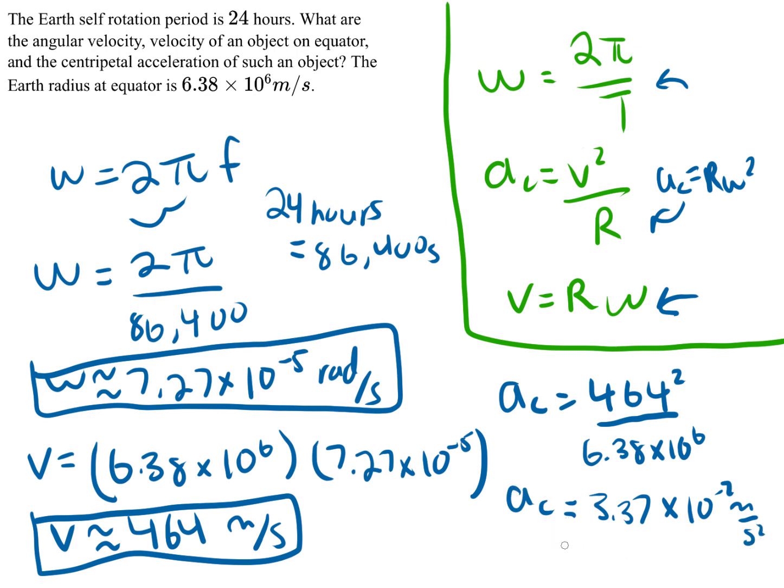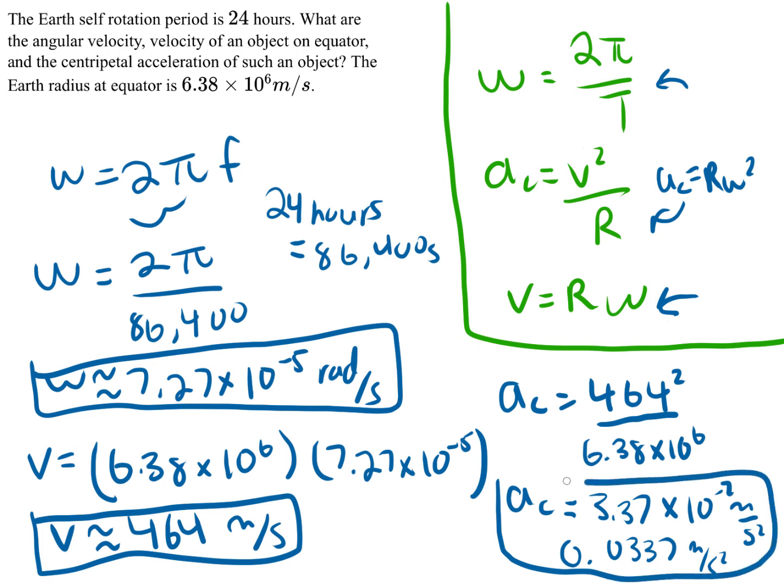You can also write this as about 0.0337 meters per second squared, before you turn it into scientific notation. And that is a really, really small acceleration, so it's really just not noticeable at all. And that is the answer for the third part of the question.